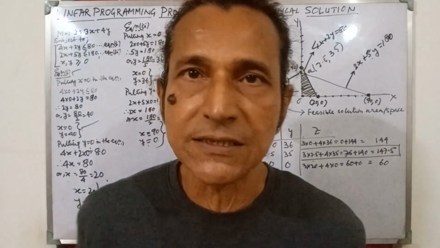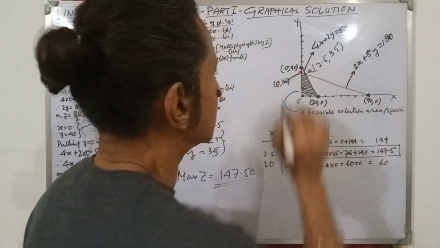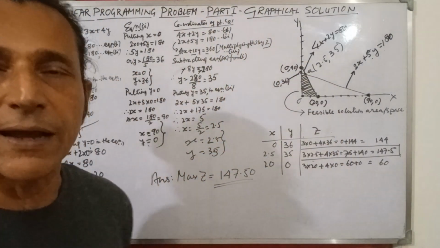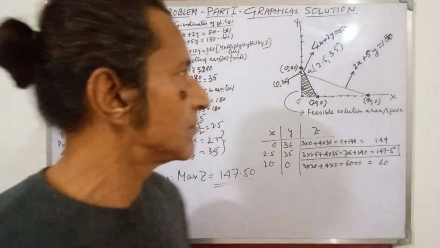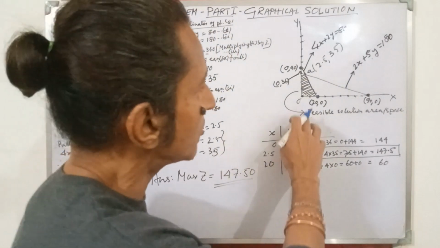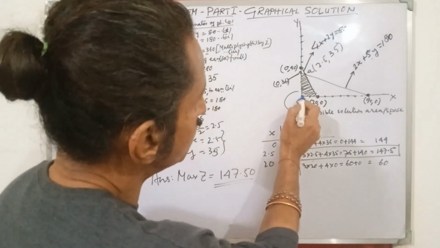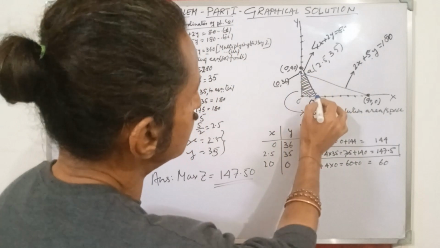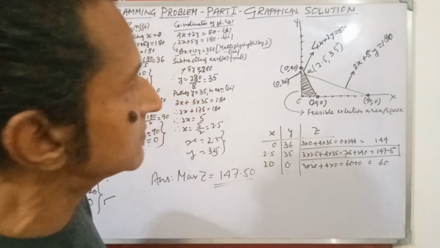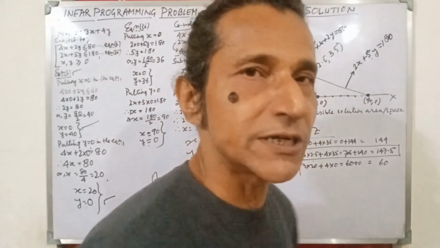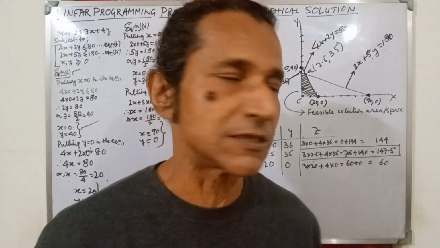These two straight lines intersect at point A. So we have found an enclosed area consisting of 4 corners, this corner, this corner, this corner and this corner. This is called the feasible solution area or feasible solution space.